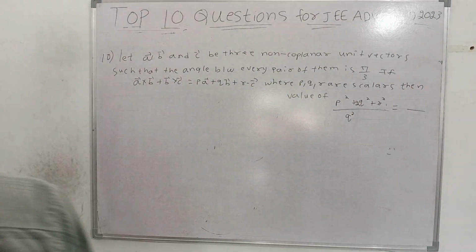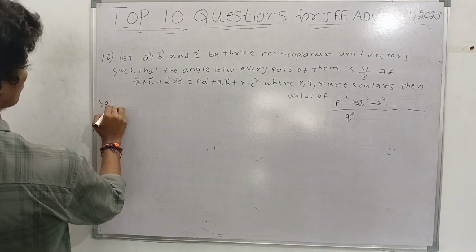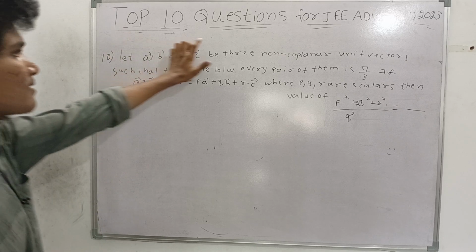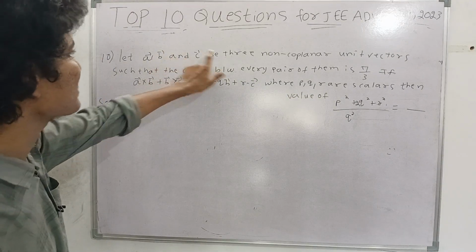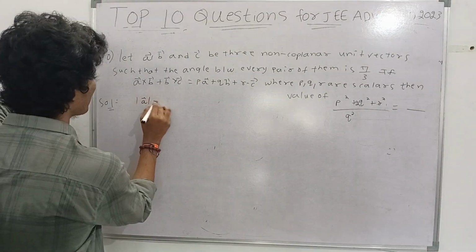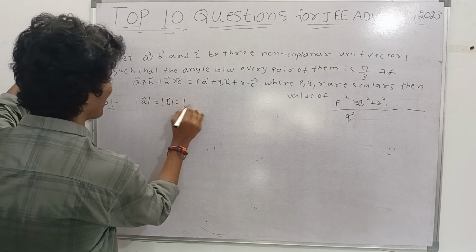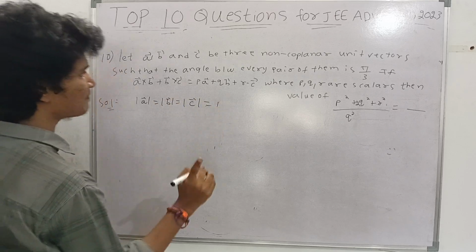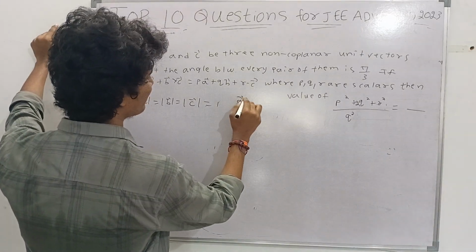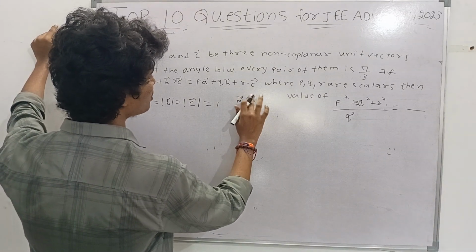The final question, guys, listen carefully. Let a vector, b vector, c vector be 3 non-coplanar unit vectors. So magnitude of a vector equal to magnitude of b vector equal to magnitude of c vector equal to 1. This is the first thing. And they are saying the angle between a vector and b vector is how much?